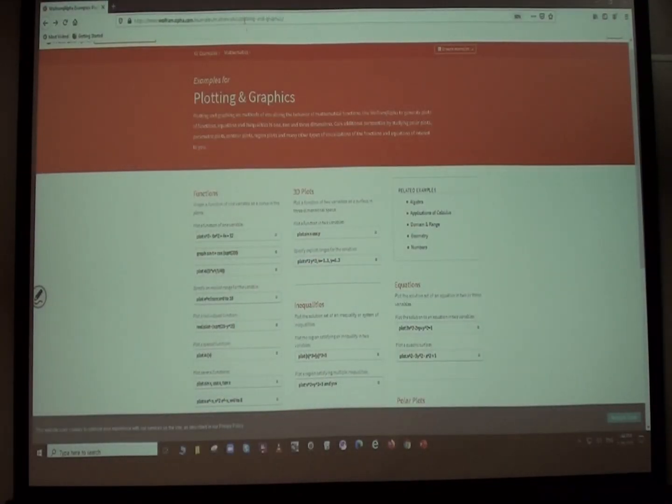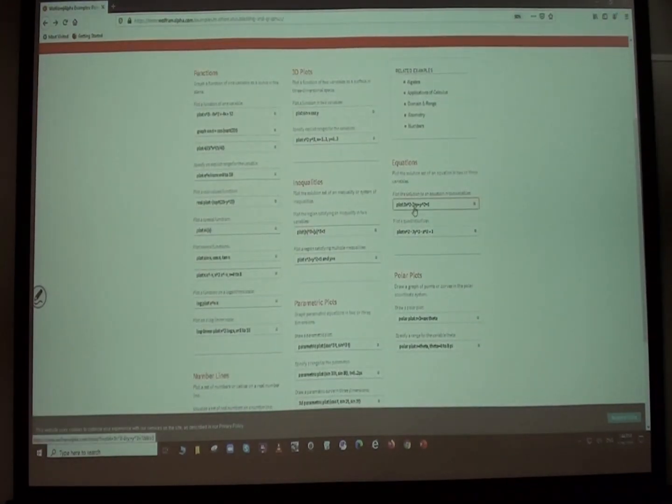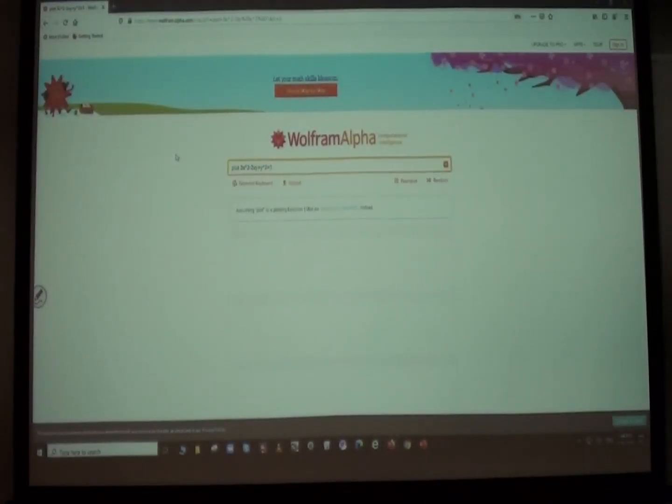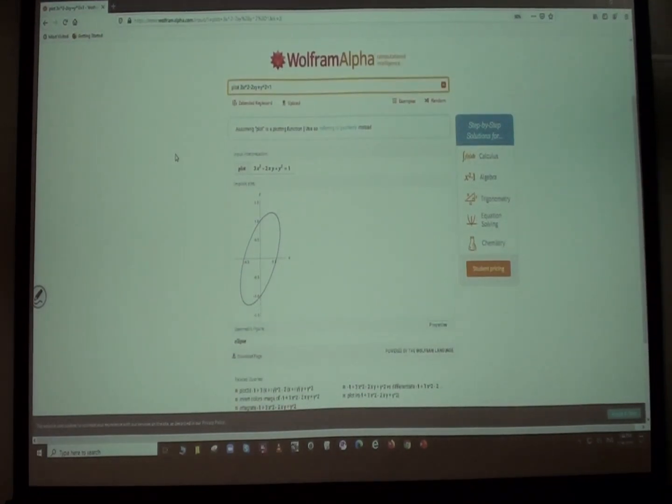In your manual you should have a link to this page, and if you go to equations and click on this equation, you will see a graph. Yes, that means your computer handles Mathematica. Now we need to test if it handles two equations, so we have to add an equation.